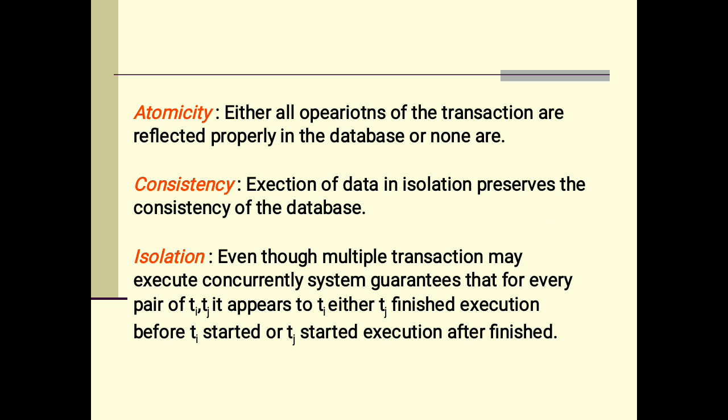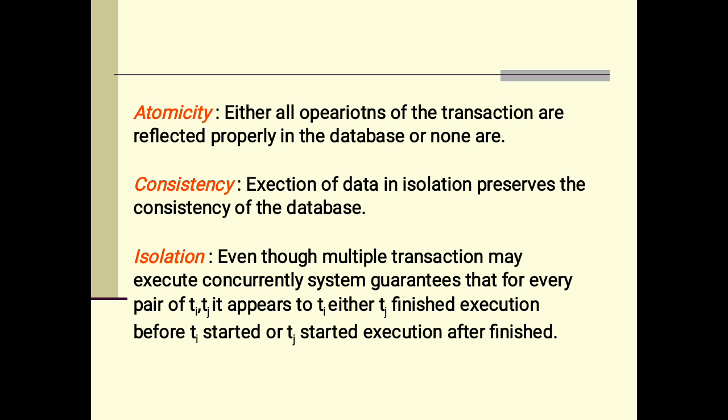Now let us see the meanings of these 4 properties, that is, ACID properties. Atomicity. In atomicity, the transaction checks whether all the operations of the transaction are reflected properly in the database or none.